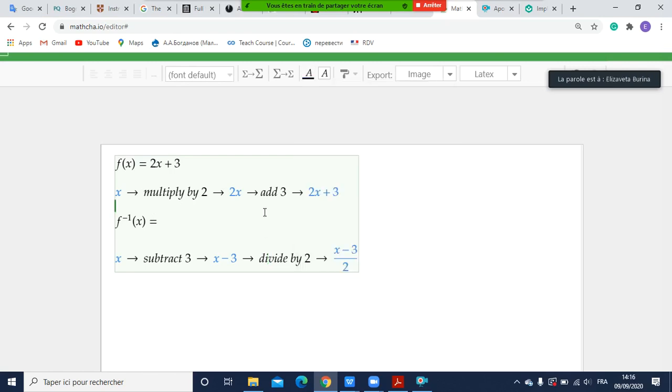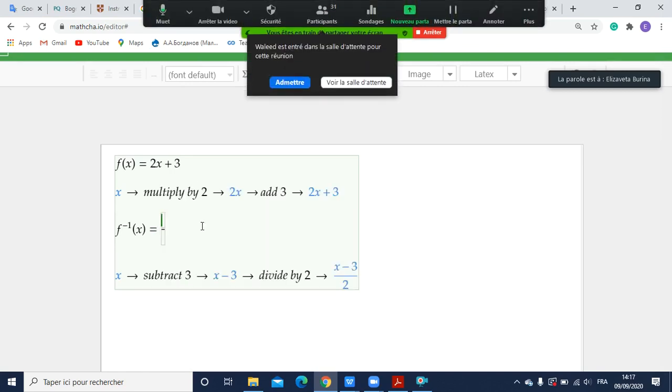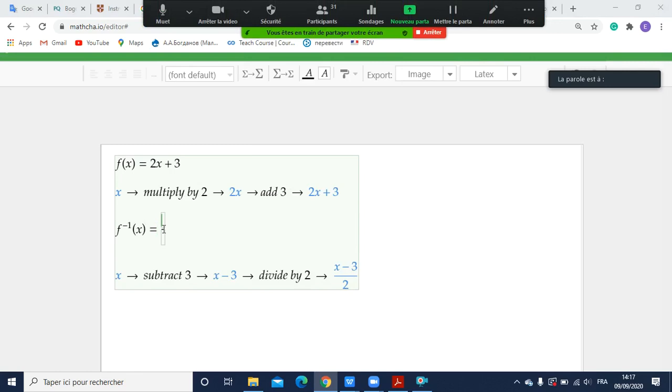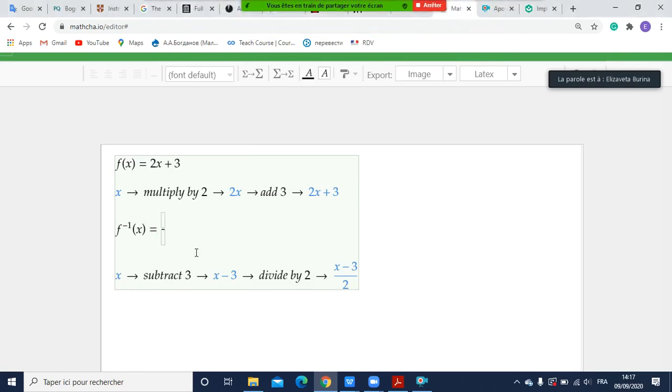I understand that in other examples it might not seem as evident as here, but I think this is a really nice way to understand the logic behind the inverse.